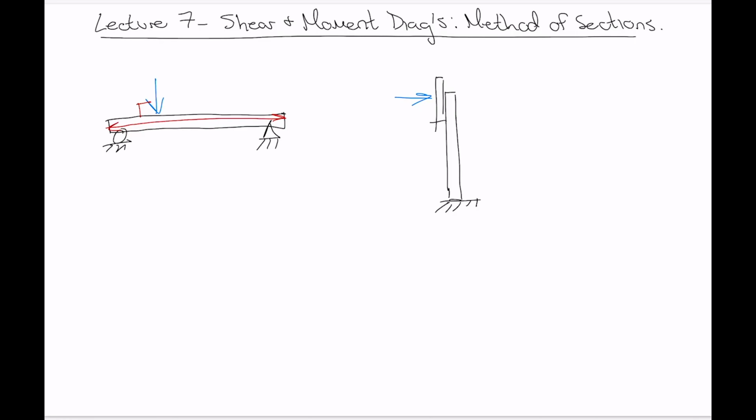The pole, or the post in this case, counts as a beam because the loading is predominantly perpendicular to the object's length. So again, in this section of the course, it's all about how do we analyze stresses in beams.